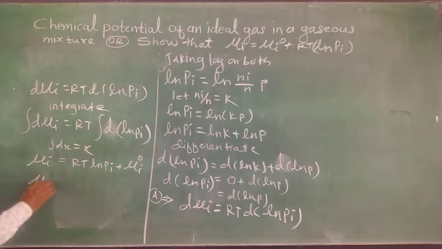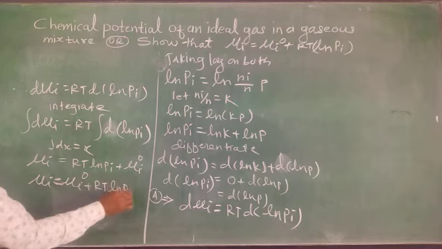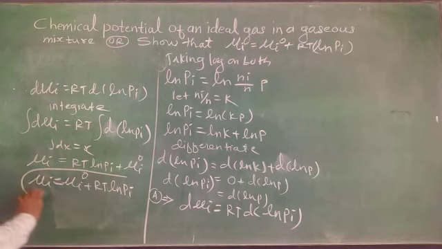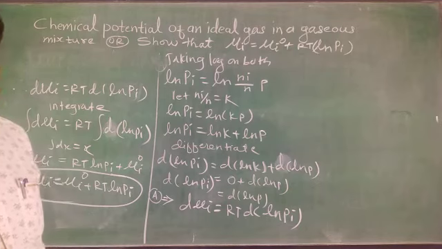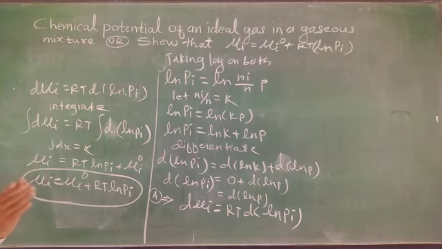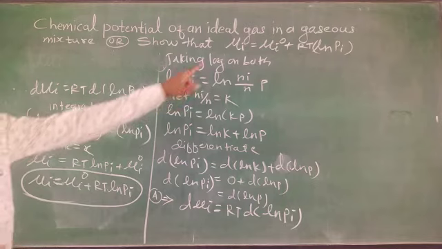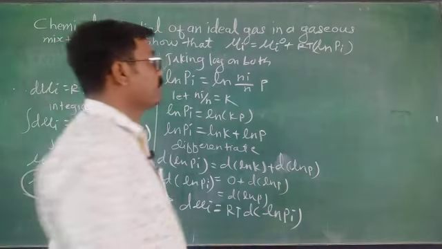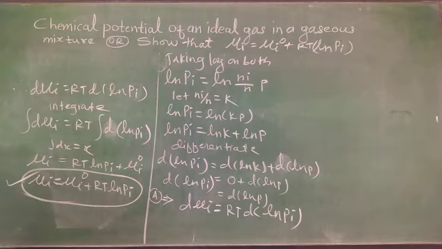That's why μi is equal to μi⁰ plus RT ln Pi, and this is the equation for the chemical potential of an ideal gaseous mixture. Here Pi is the partial pressure of the gas. This is proved.